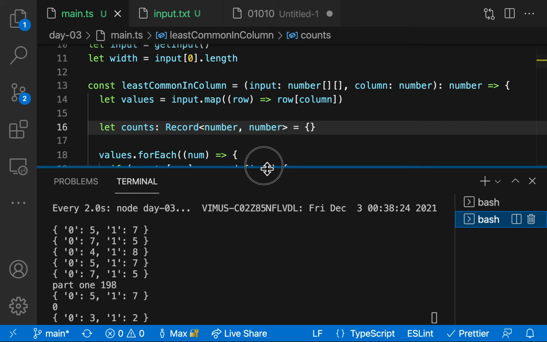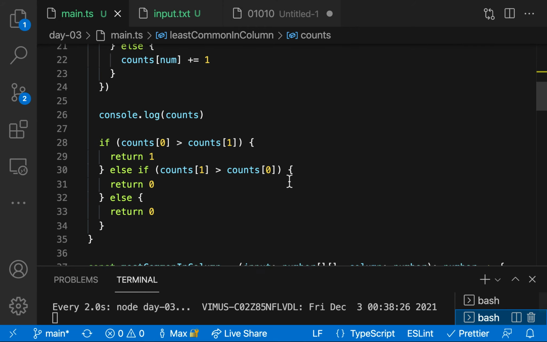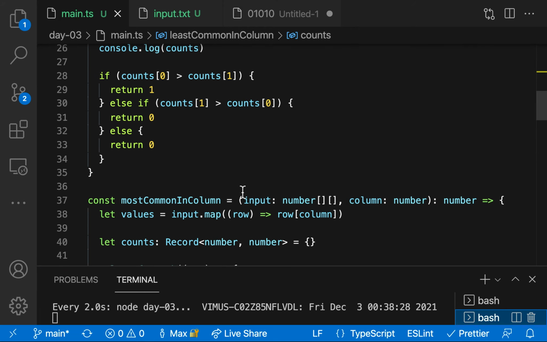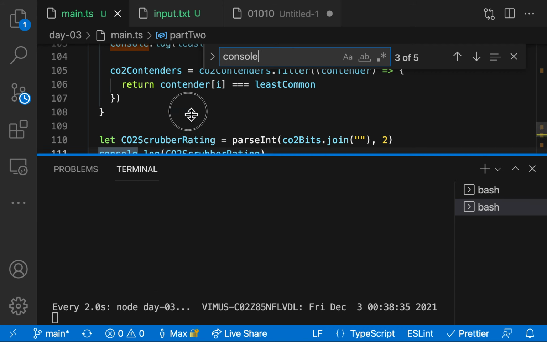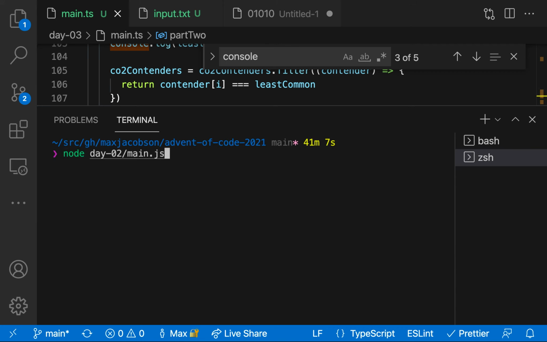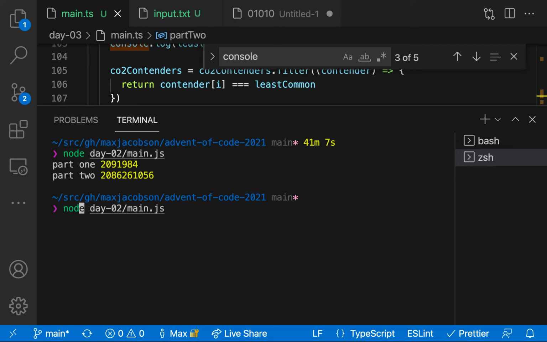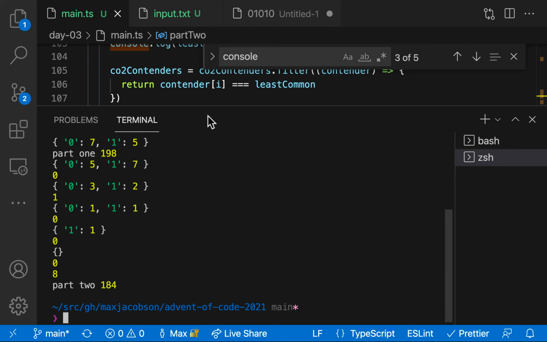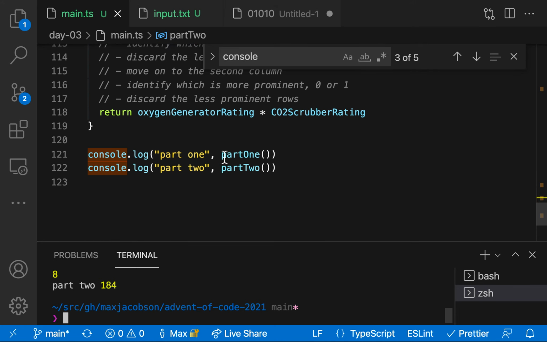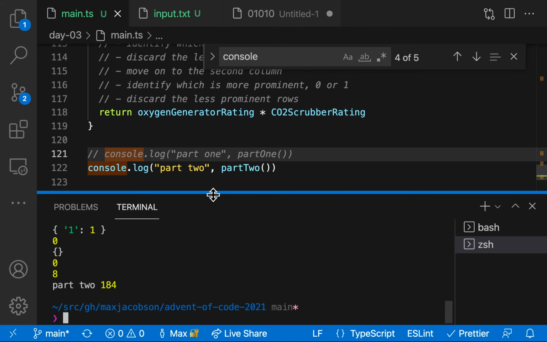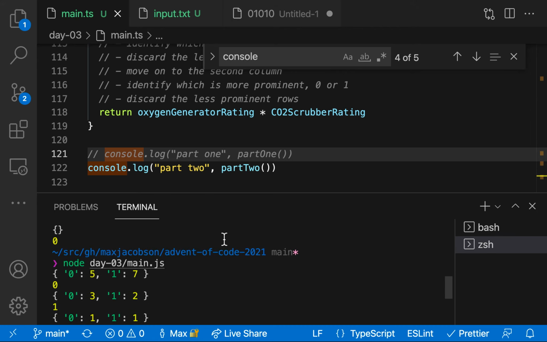All right, so what the heck? Let's add our console logs back. Oh, I guess they're here actually. All right, so let's just try running it. And, oh, but I want to do day 3. And I also don't really care about day 1 right now, so I'm just gonna comment that out, or part 1. Right, but this is not correct.